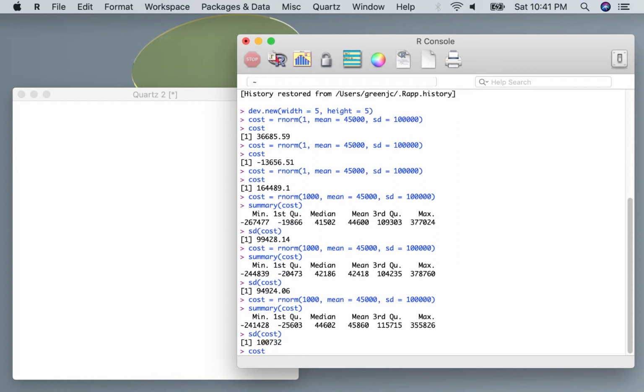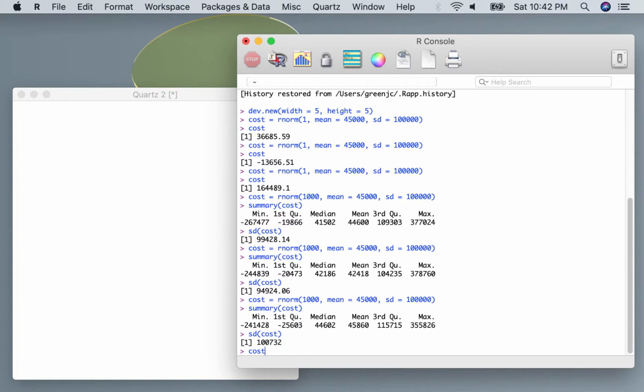The standard deviation's the same thing. We said draw it from a normal distribution where the standard deviation is $100,000, like in your assignment. The first time we did it, we got a standard deviation of $99,428. Next time, $94,924. The third time we did it, a standard deviation of $100,732. So when we take 1,000 draws from a normal distribution, we set the mean at 45,000, and we got a mean pretty close to that.